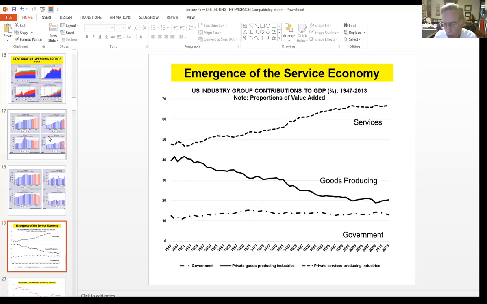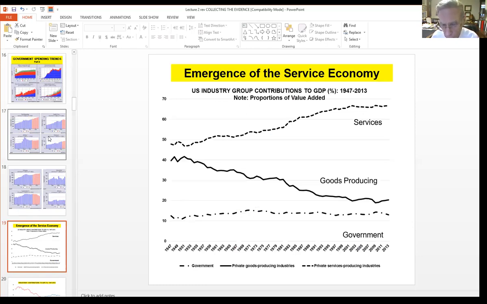On the other hand, services. What are services? Healthcare, lawyers, insurance, education. No doubt about it. Services have been the growth sector from about 48% to maybe 68%. Yeah, probably 68, 67%. From about half to 3/4 of the economy.